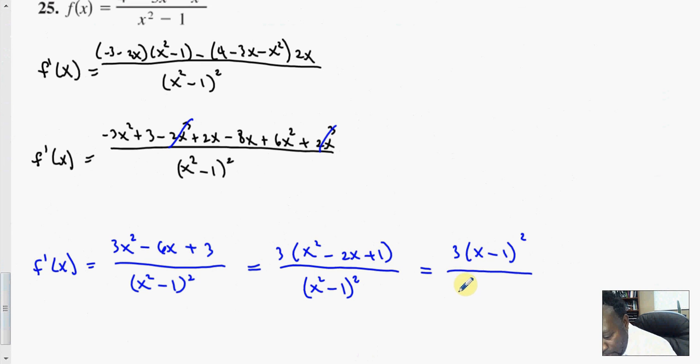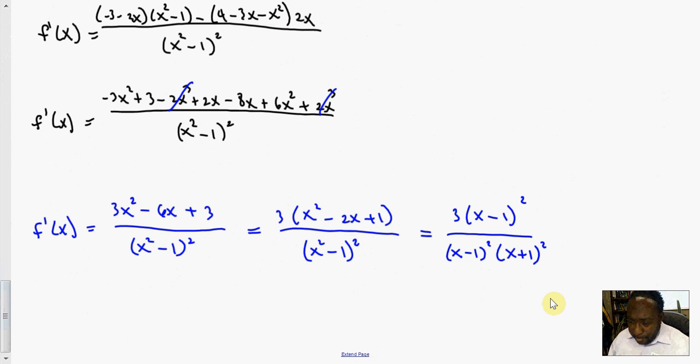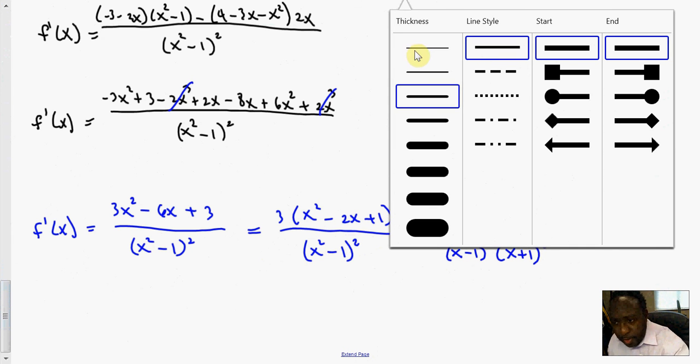Now, the denominator is x minus 1 to be squared times x plus 1 to be squared. Hopefully you see that for the denominator.